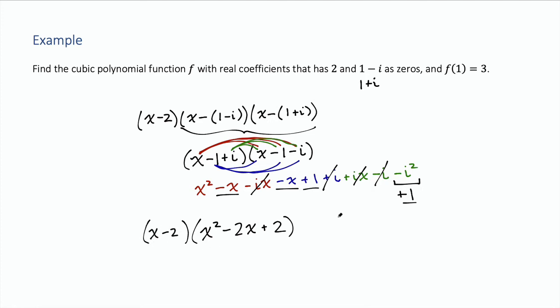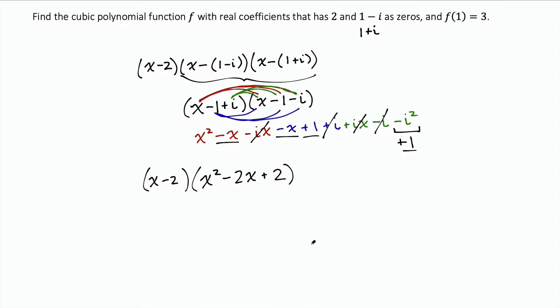Now we just need to multiply all of this out. x times x squared is x cubed. x times negative 2x is negative 2x squared. x times 2 is 2x. Negative 2 times x squared is negative 2x squared.